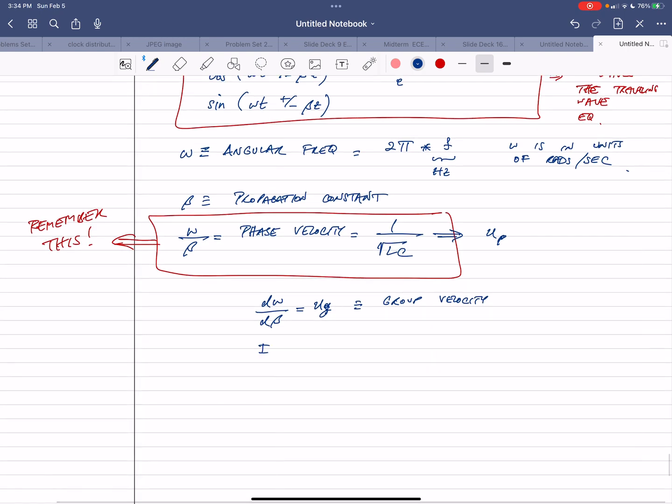And if this group velocity is a function of frequency, then you have something called dispersion. And dispersion means that the velocity depends on the frequency of the sine or cosine wave.